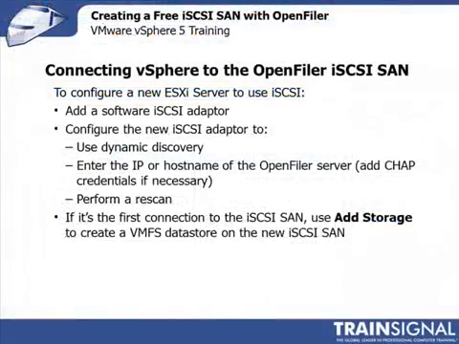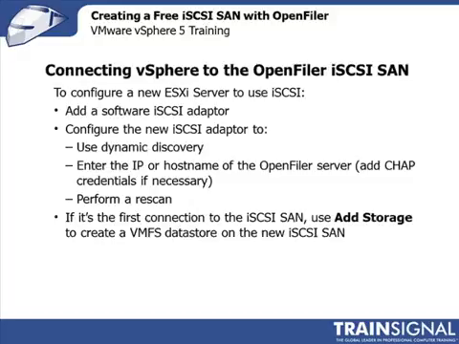And now let's talk about connecting vSphere to the OpenFiler iSCSI SAN. Now to configure a new ESXi server to use iSCSI, first you'll add a software iSCSI adapter. Then you'll configure the iSCSI adapter, most likely to use dynamic discovery. Of course, it depends how your iSCSI SAN is configured. Then enter the IP or the host name of the OpenFiler server and add CHAP credentials if necessary.